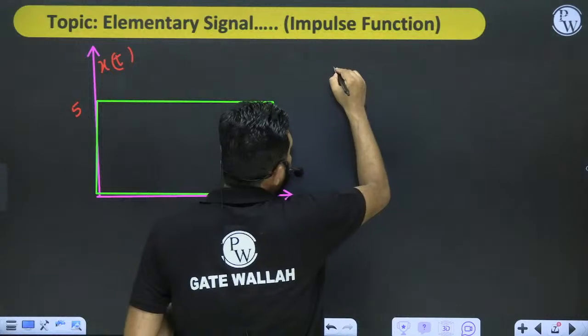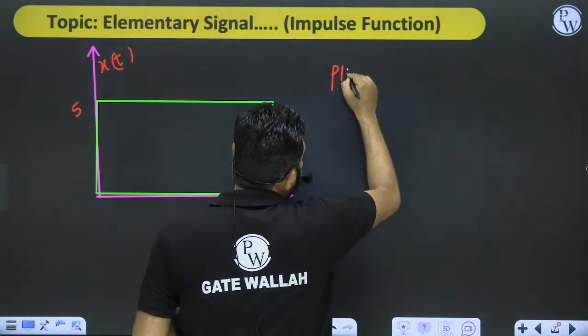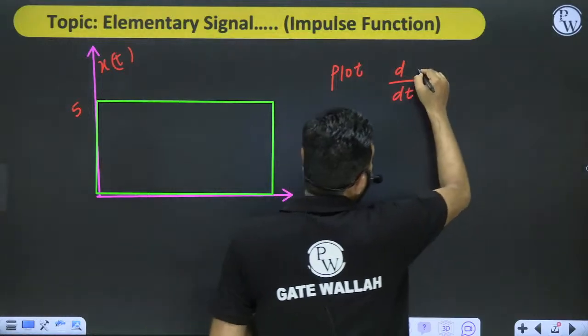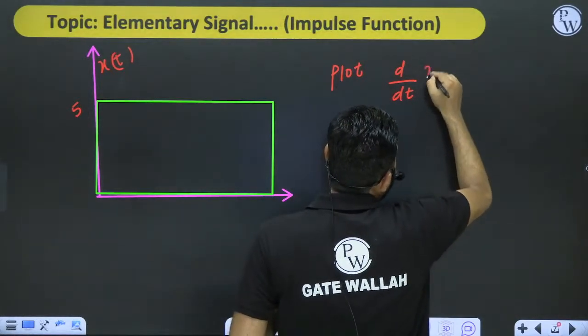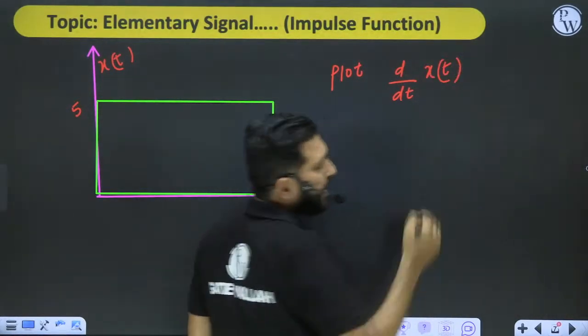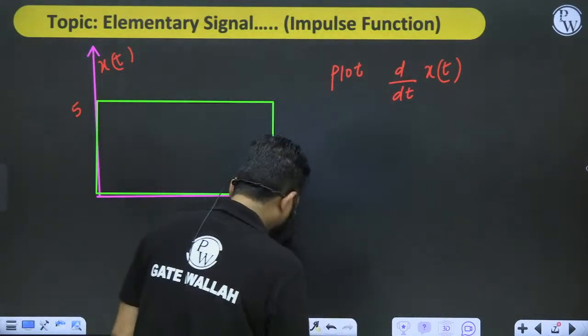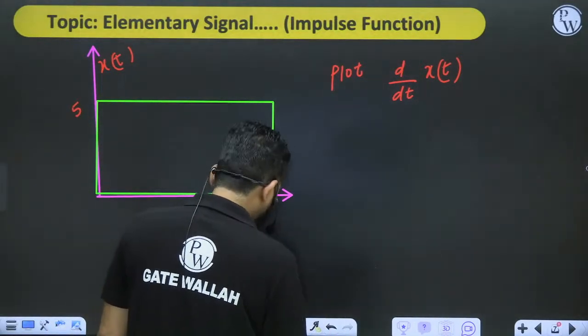The question is: plot d by dt of x of t. See how we will write this x of t.